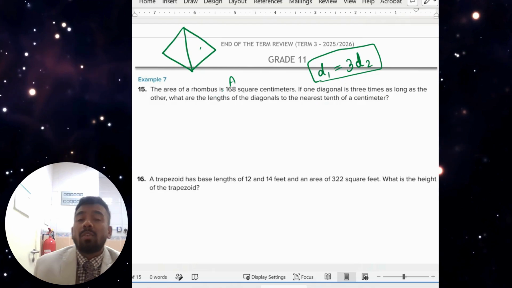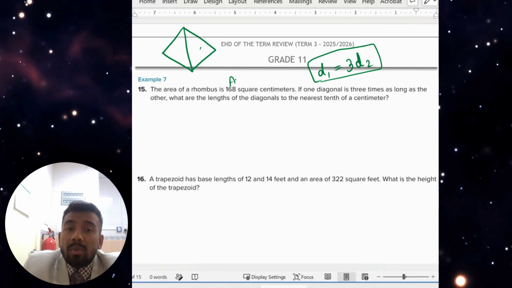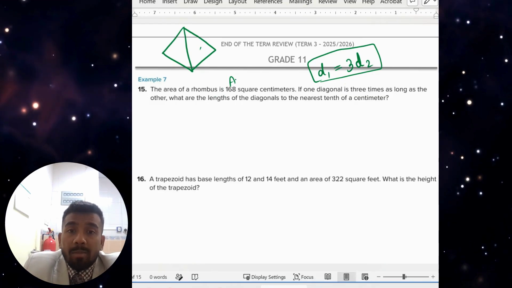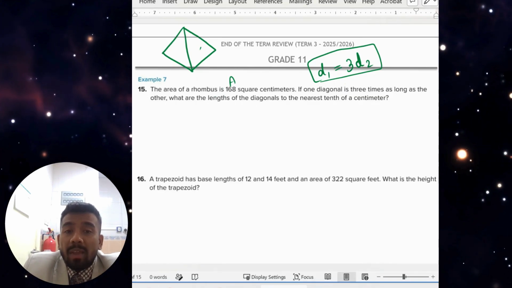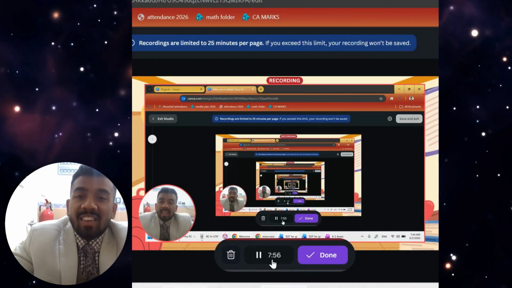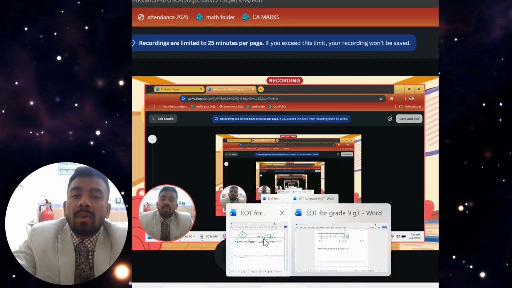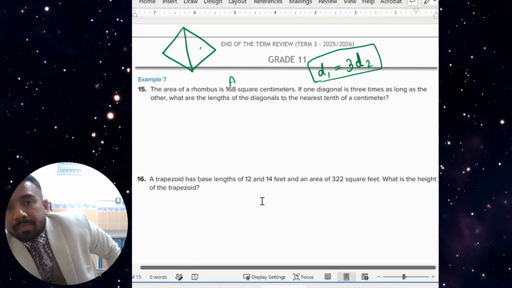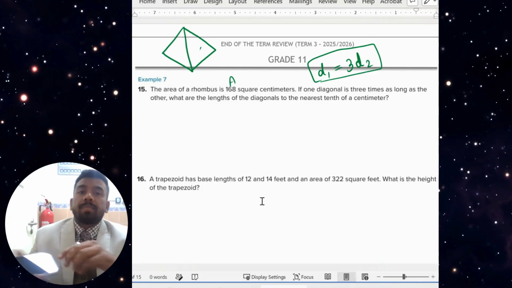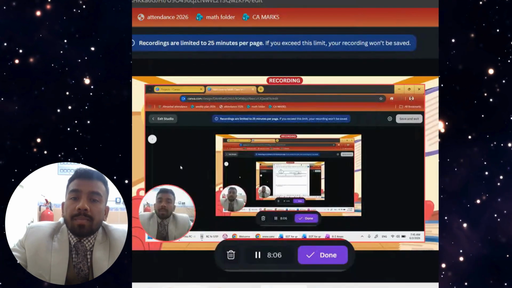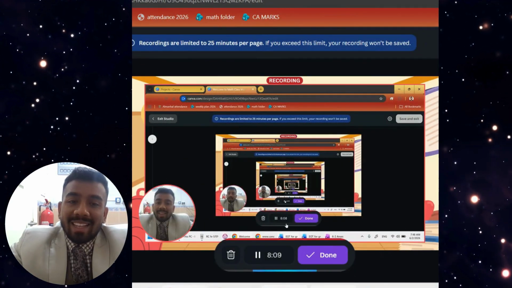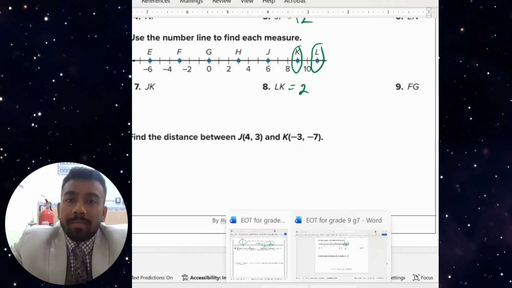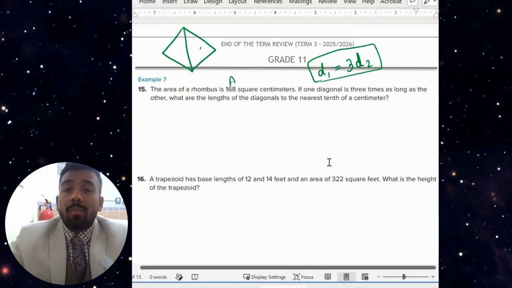Now, what's the area of a rhombus when you talk about the diagonals?